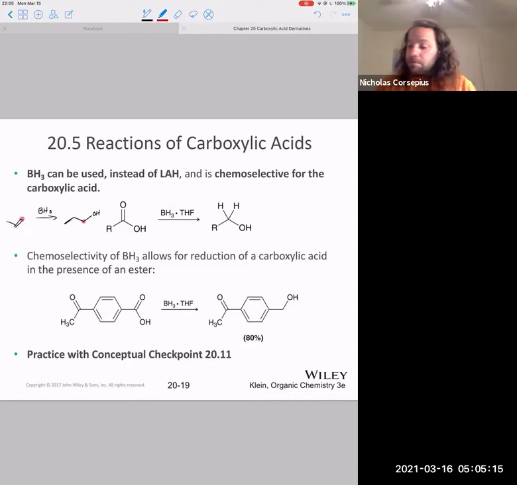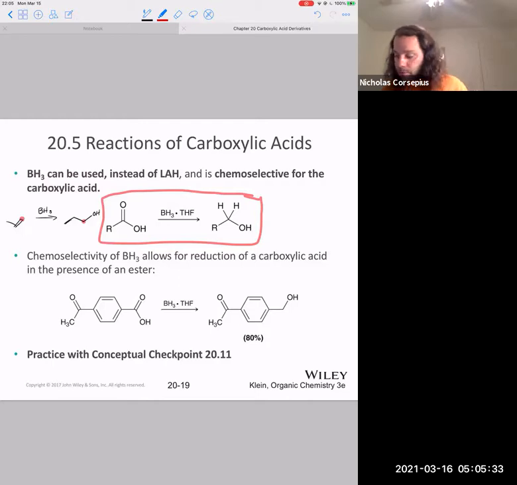It actually plays kind of the same role as lithium aluminum hydride in that it reduces this to an alcohol. The difference is that borane is selective to carboxylic acid groups. So unlike lithium aluminum hydride, which would hit aldehyde and ketone groups, this one will not.